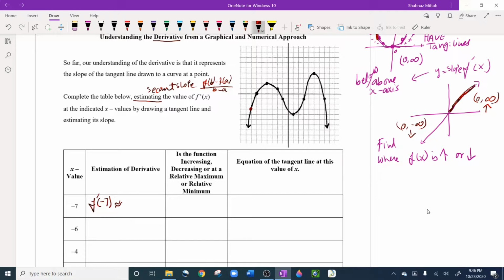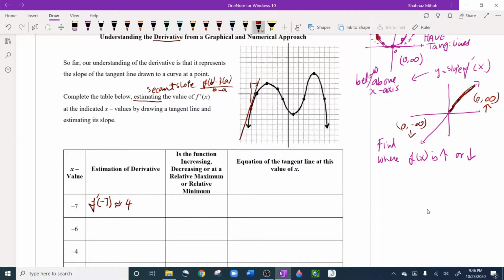If I draw a tangent line at negative 7, technically I should be getting a line. It's not going to be a perfectly straight line, but it should look like this. For the tangent line at this x value, I'm going to go 1, 2, 3, 4 and 1. You see this? I'm rising 4 and running 1. So technically my slope is 4.